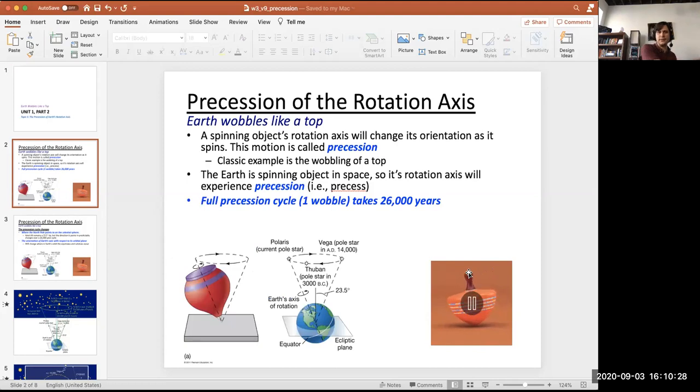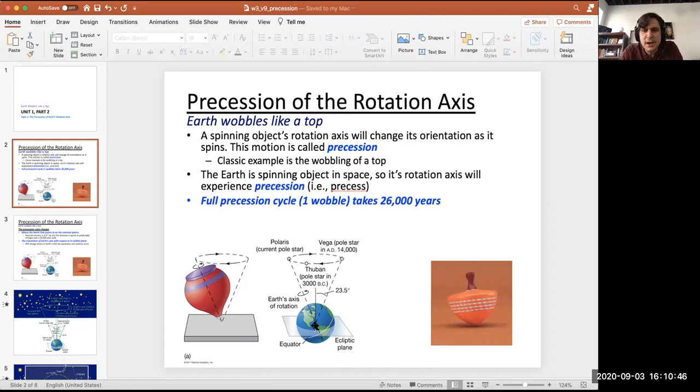So that wobbling of a top, that motion of it changing where the rotation axis is pointed, is called precession. And the Earth, being this giant top in outer space, will experience precession. What does that mean?